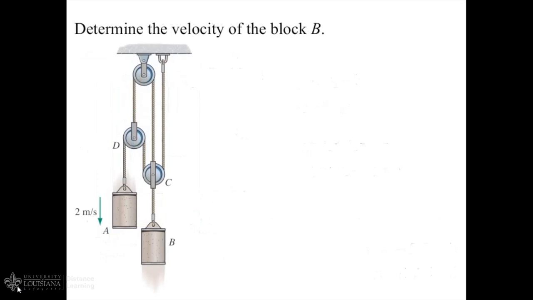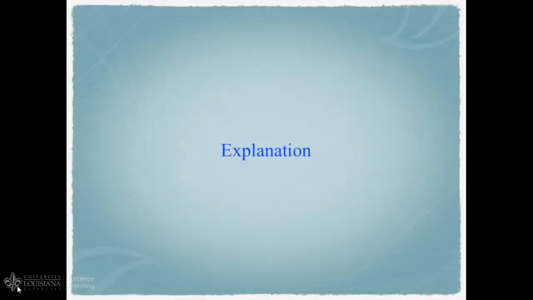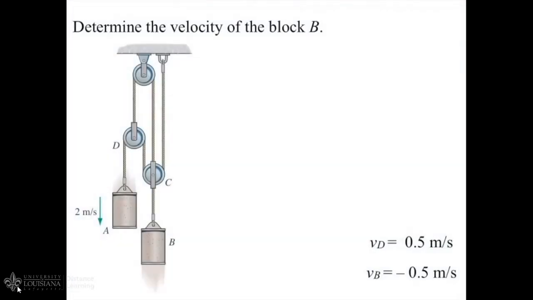Finally, we'll consider this one. See if you can determine the velocity of block B, again, using a system of 2 chords. Well, to solve the problem, again, we'll have to write 2 position coordinate equations because we have 2 chords in our system.